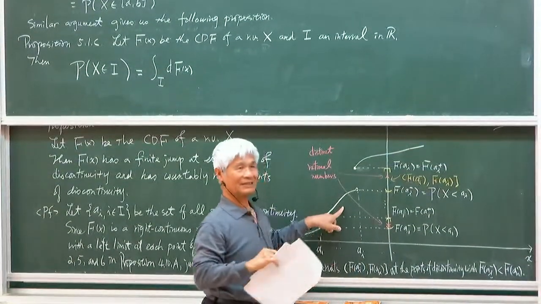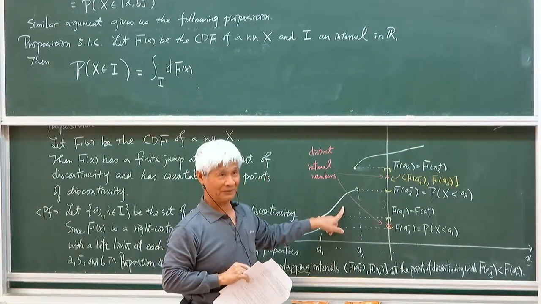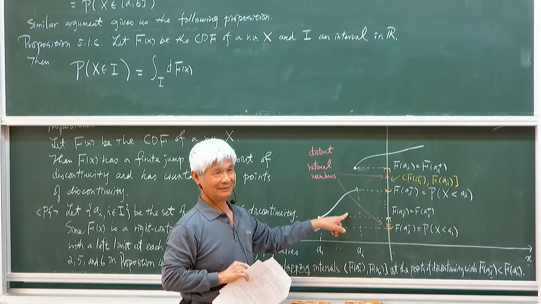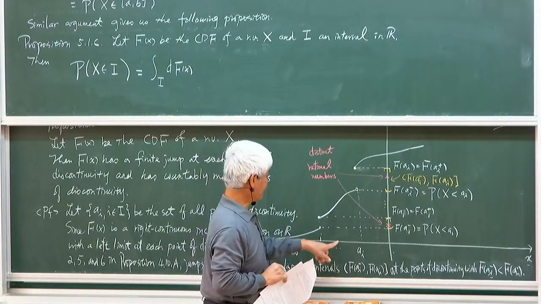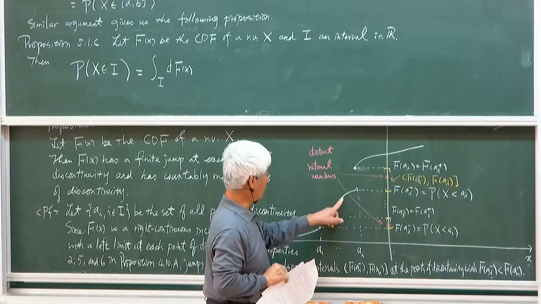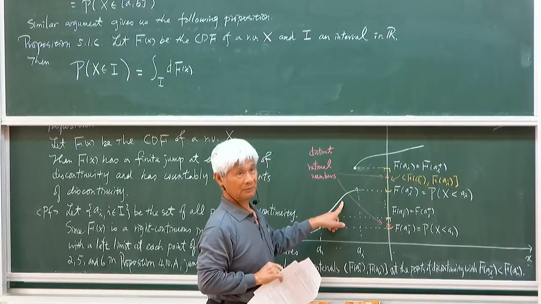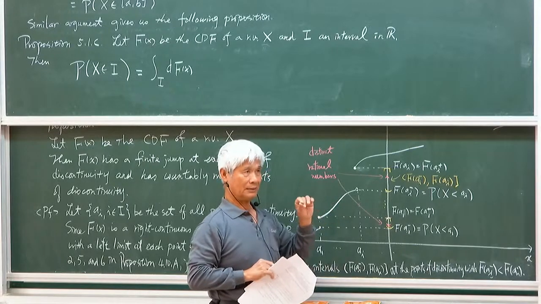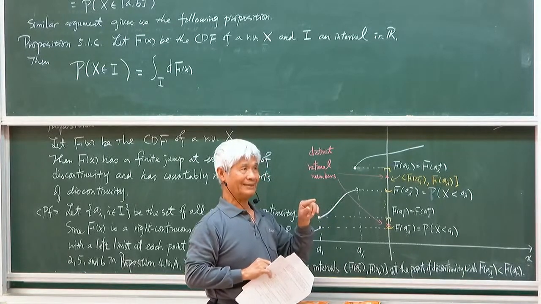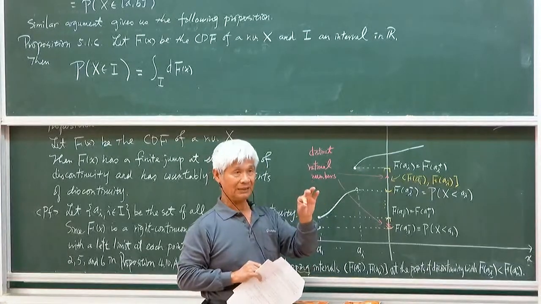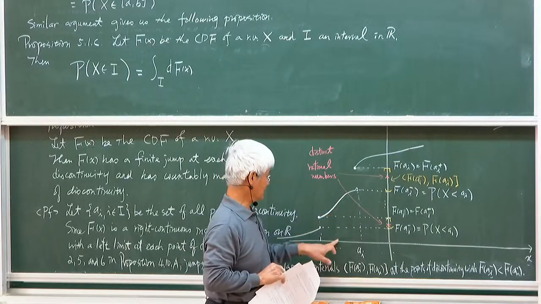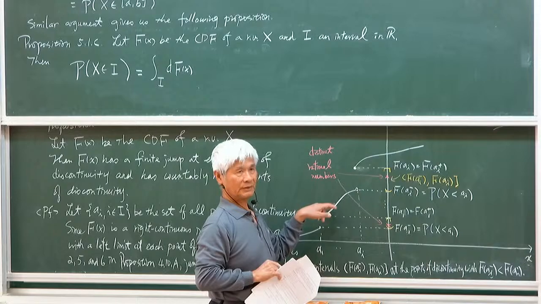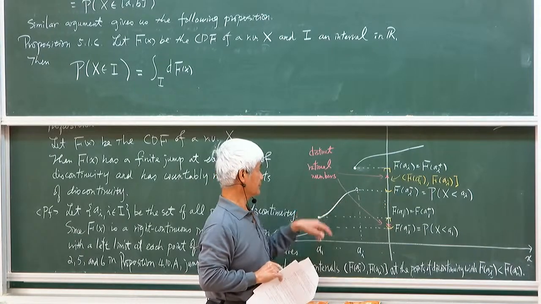This CDF is not the CDF of a discrete random variable because it's not stepwise. But the PMF at these values is all equal to 0, because the probability that a random variable has exact value equal to a is 0 here, since there is no jump.